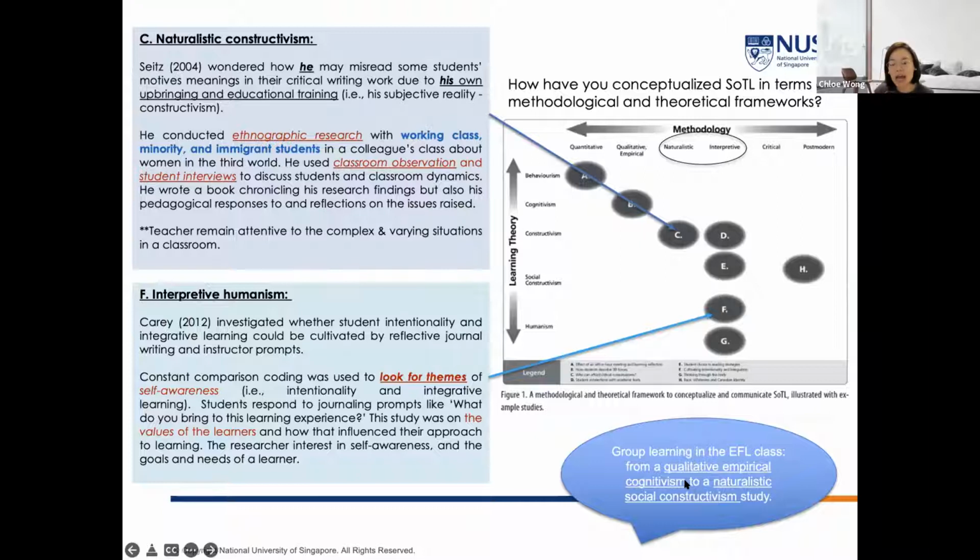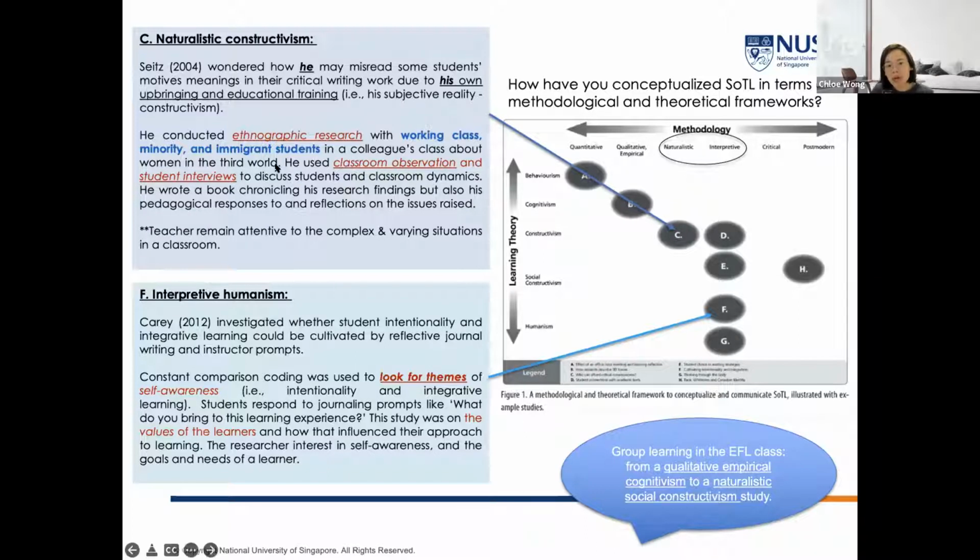So one of the research studies I did was in an EFL classroom, which I'll talk about a little more shortly. But just to go back to the study, the author in this paper, if you have time to look at it, went through a series of different research that was occurring in the institution. A couple that I found very interesting was, for example, Research C, which is a blend of naturalistic methodology and social constructivism.